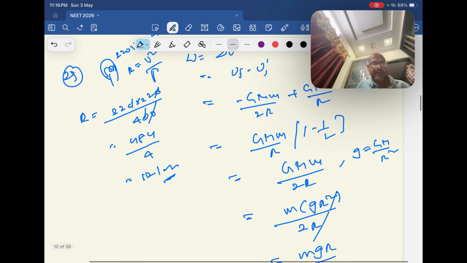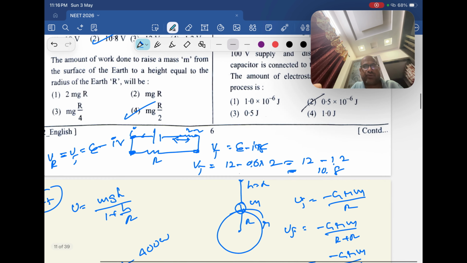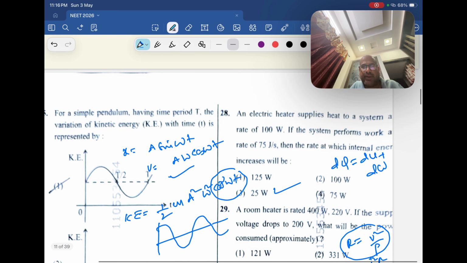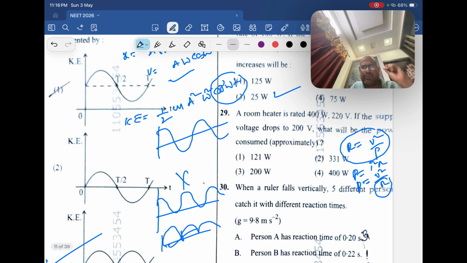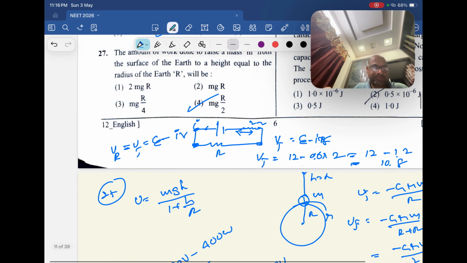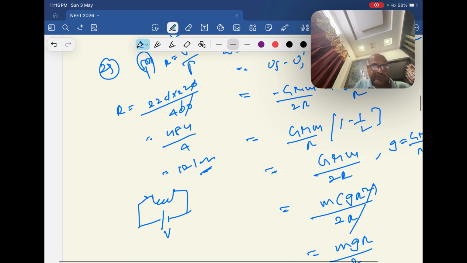Next, when this heater coil is operated at a potential of some V volts, the question asks: the supply voltage drops to 200 volts, what will be the power consumed approximately? Now you see, from the rated values we got resistance as 121 ohms.